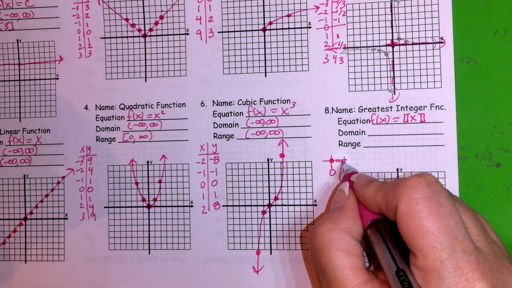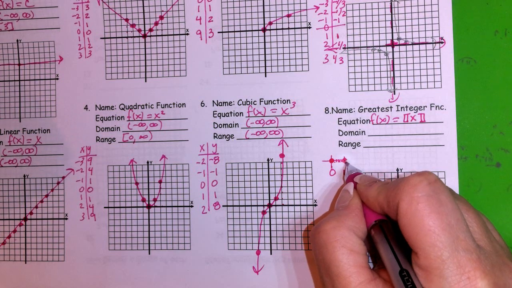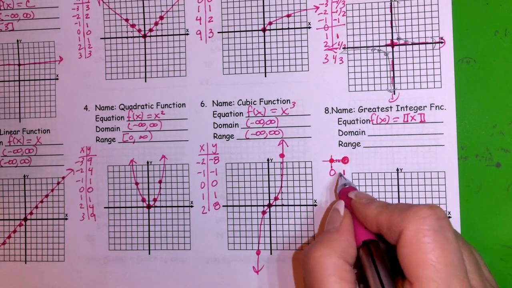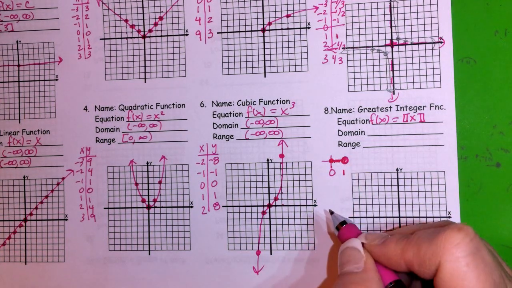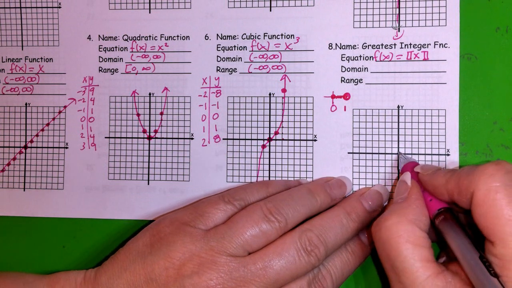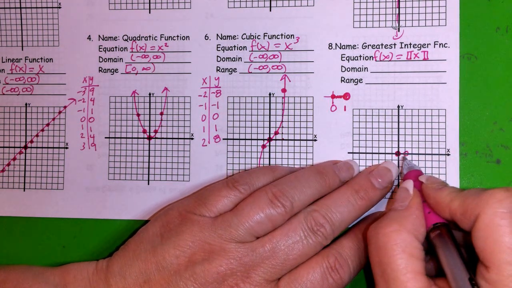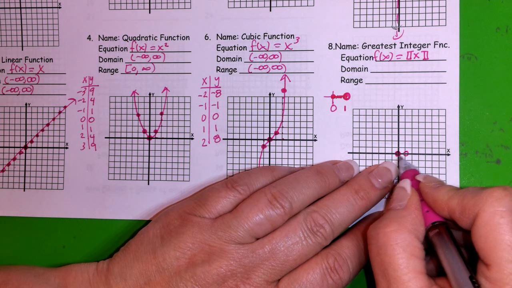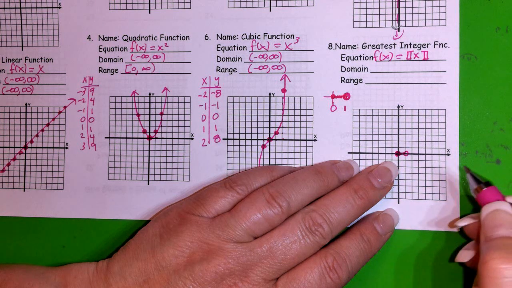All these values between 0 and 1, since they have not hit 1 yet, that's going to be an open circle, and they're all going to round down to the integer 0. So, starting at 0, 0, and an open circle at 1, all the values, those decimals and fractions, in between 0 and 1 are all going to round down to 0.